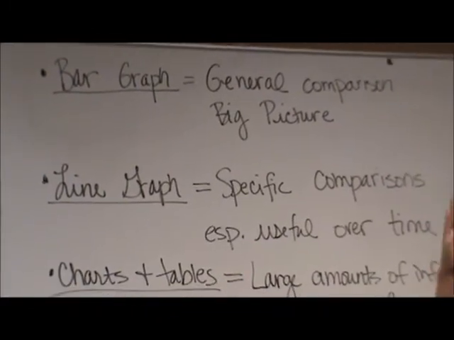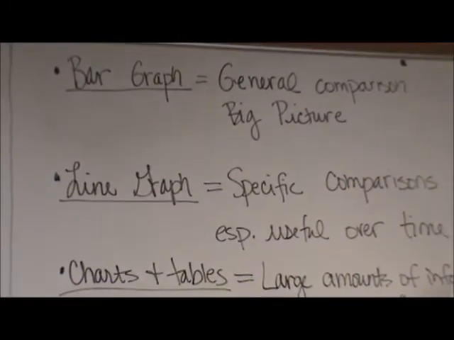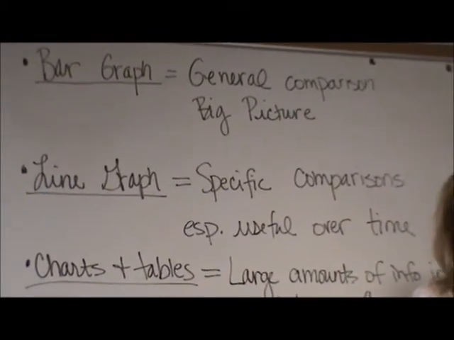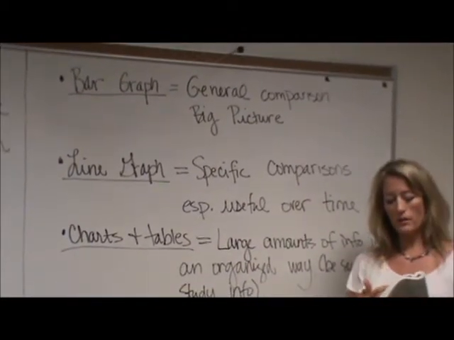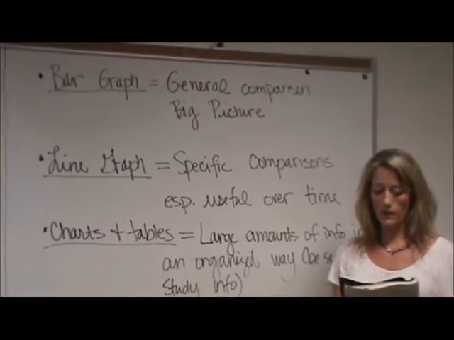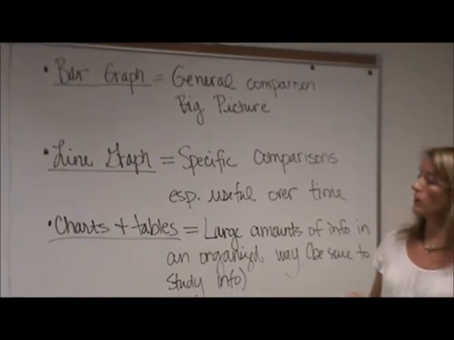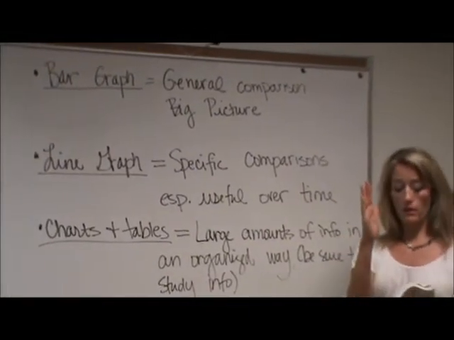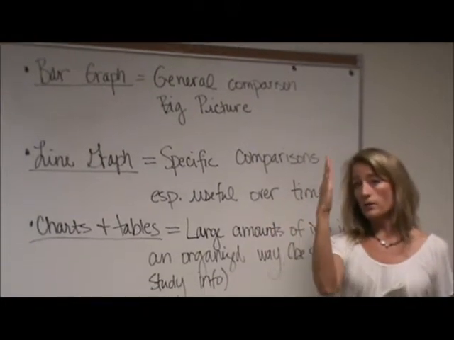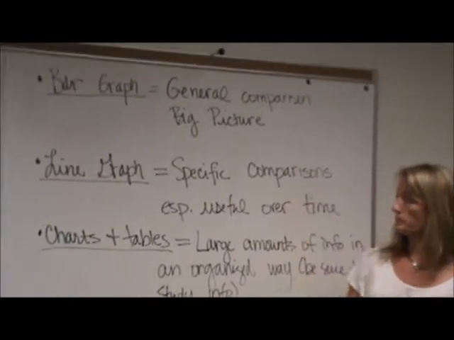If you look at the one on page 237, you can't get very specific. They're just showing the different areas in the birth rate. Bar graphs can run horizontally or vertically. The one in the book is horizontal, so sideways. Also, bar graphs can be done this way, which is called vertical.